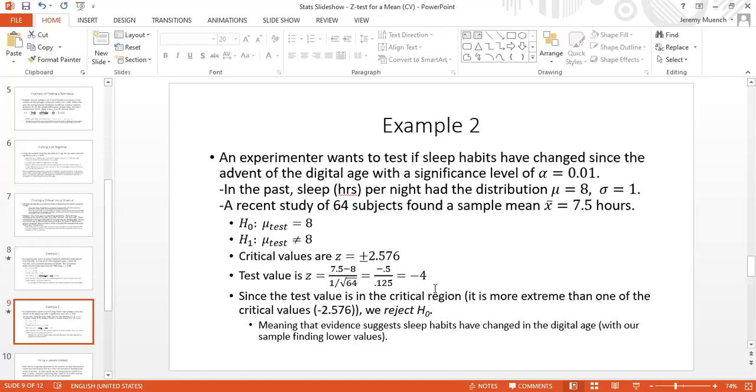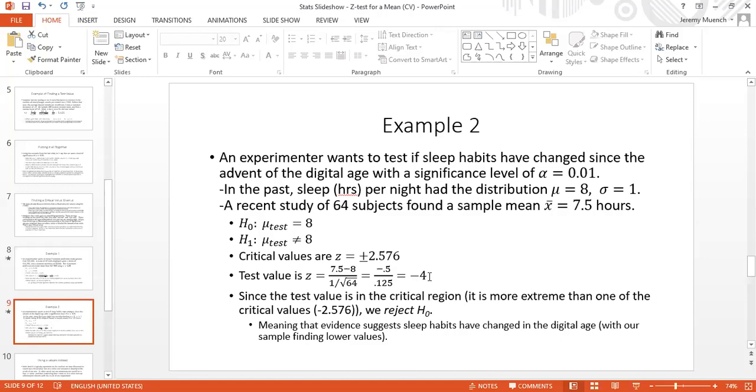If you think about where this is on the z-table, it's off the end of the table. But you might get z-scores that are insane, and if so, that means there's a pretty noticeable difference. That can happen.